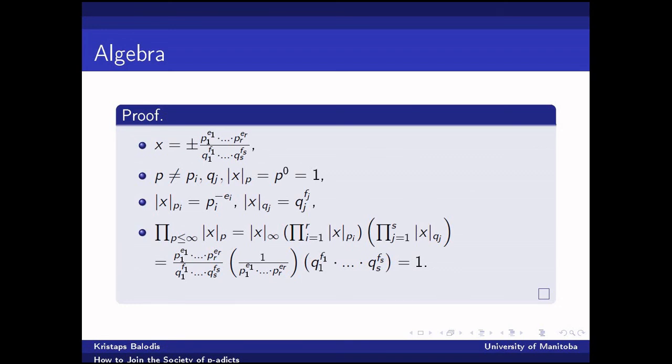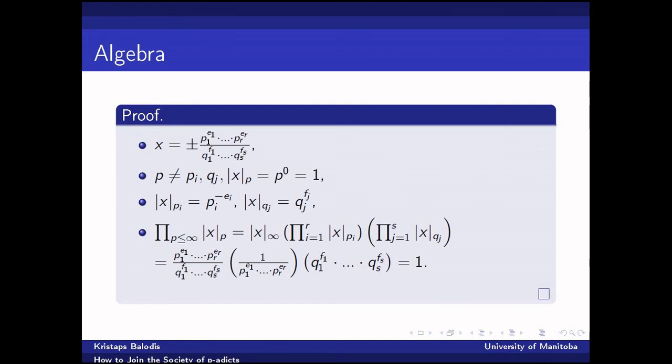Well, the standard Euclidean absolute value of x, that's just going to give us, as we've written above, our p's up top, our q's in the denominator, and looking at our formulas, the first product, the p sub i's, that's just going to be the product of all the p's to their subsequent powers. But the inverses of those, because we saw it's going to be p sub i to the negative e sub i.